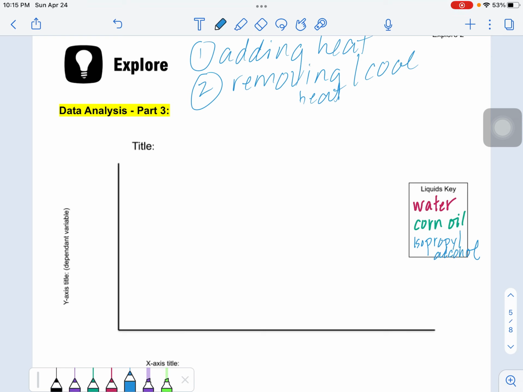Isopropyl alcohol. There we go. So you've got 3 colors that you're going to be using, and so that means you'll have 3 lines on your graph, 1 for each liquid. So when you set up your graph, the title is going to reflect the data that you collected, essentially if it's the warming or the cooling.